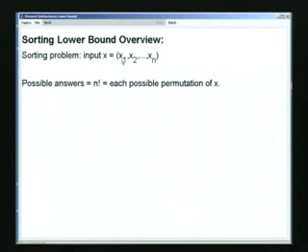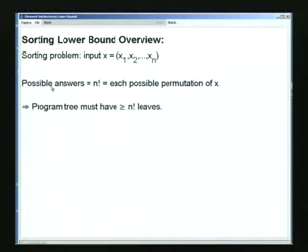I could take every possible permutation of this sequence and say that that is the sorted sequence. Every possible permutation could be an answer, and there are n factorial permutations, and therefore n factorial possible answers. This is a very important point in this argument.